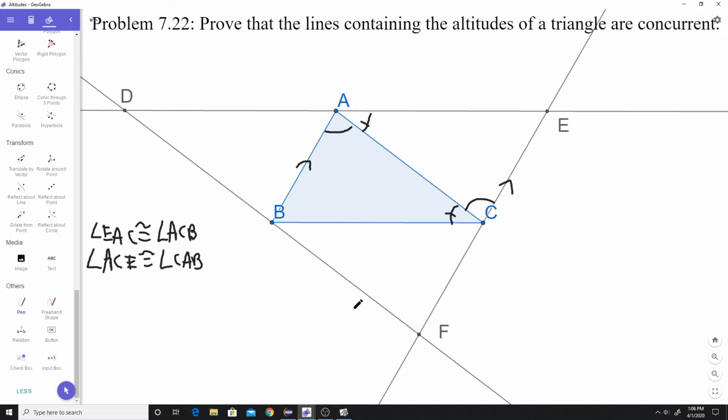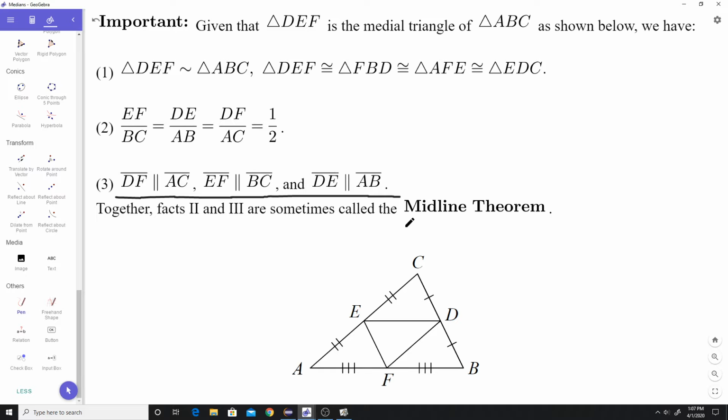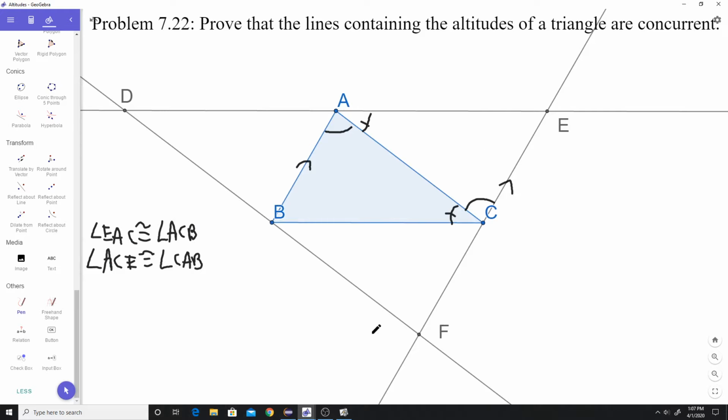Well, why is that so important? Because according to this midline theorem, the medial triangle has all these properties, that the triangles are congruent with each other. So if I can show that the triangle we're working with, ABC, is congruent to the rest of the triangles, then that will show that it's the medial triangle. Well, I seem to have some sort of congruence between ABC and AEC. How can I prove it?